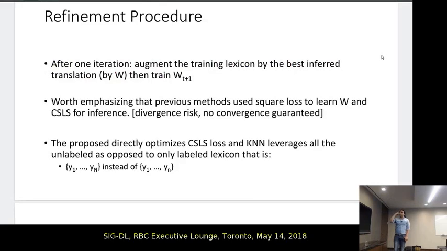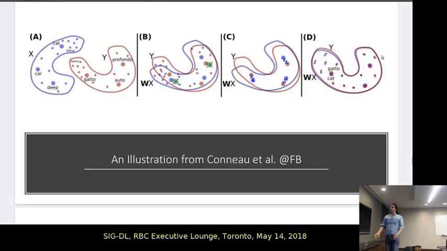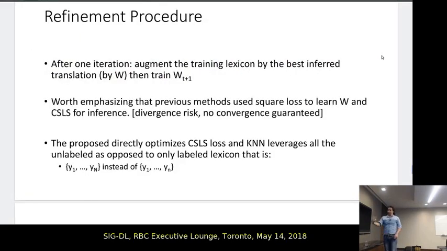Okay, so the refinement procedure that they use, I think the third step over there, and in a few algorithms that they compare to, is basically a semi-supervised method. You have a lexicon, you learn, and then you map from source to target. Then you pick your best generated embeddings.